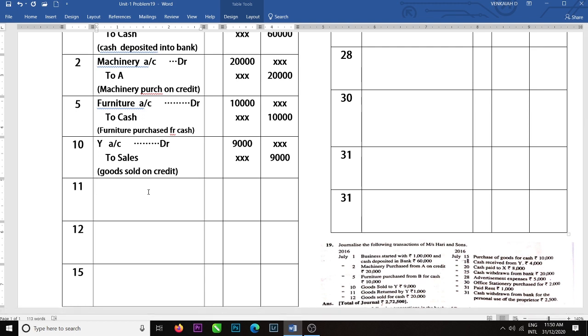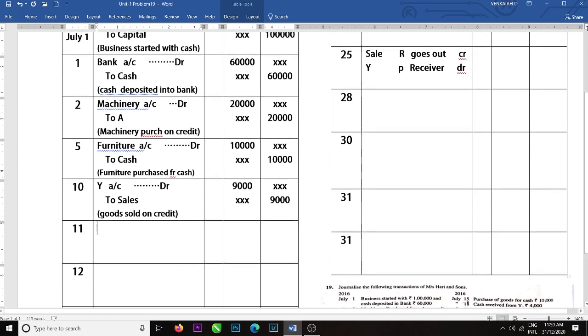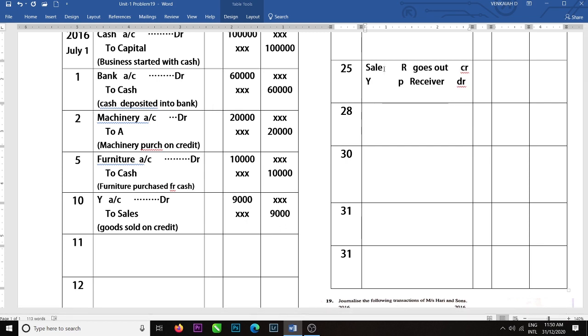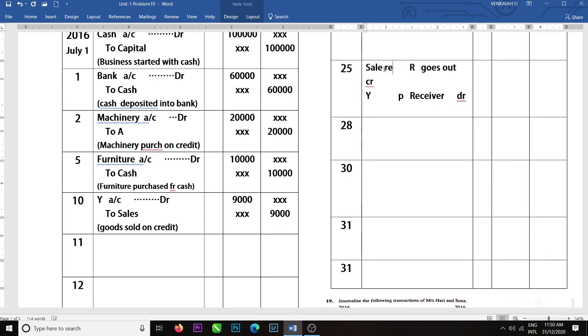Next entry: goods returned by Y. Y is a personal account, and here it is sales returns. Why are they returned?